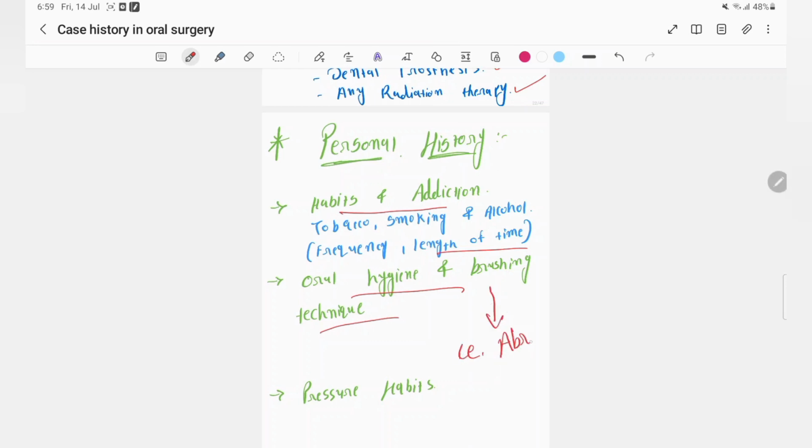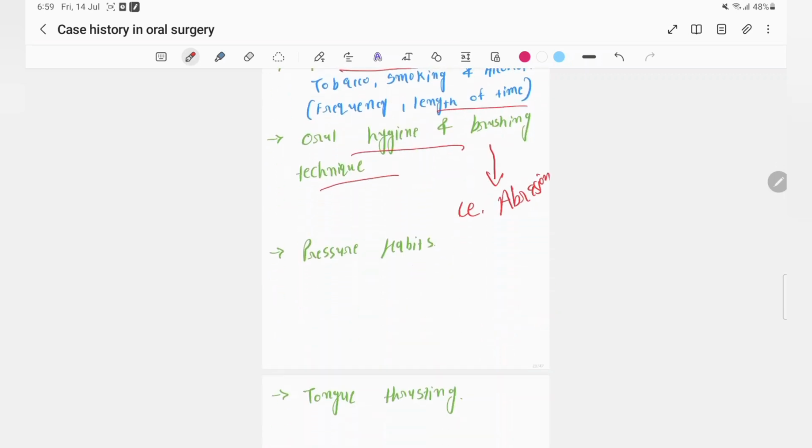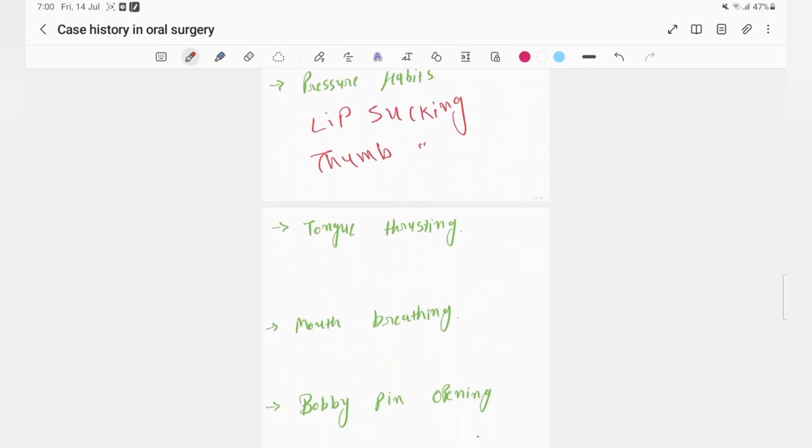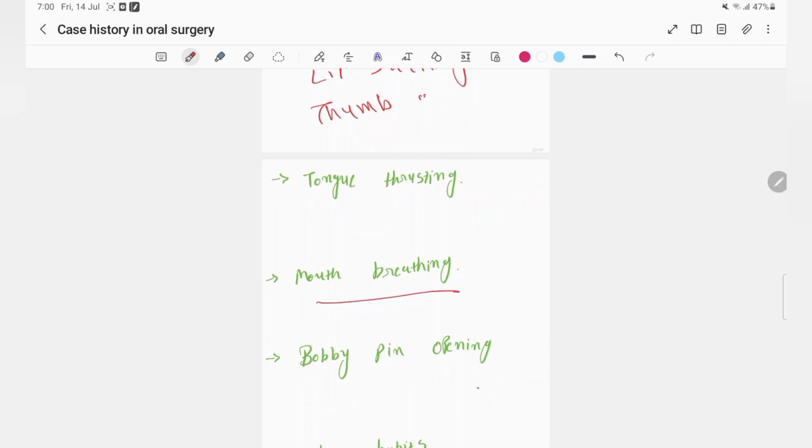Okay, then any pressure habit is there or not, like lip sucking, thumb sucking, finger sucking. All these pressure habits you have to record because they can lead to anterior proclination of maxillary anterior teeth. After this, we have tongue thrusting habit, which can lead to anterior and posterior open bite and proclination of anterior teeth. Then we have mouth breathing.